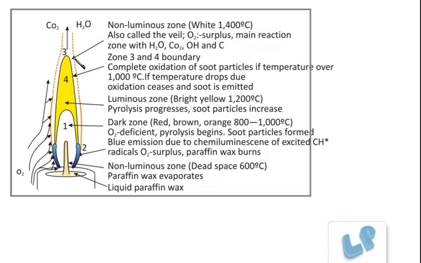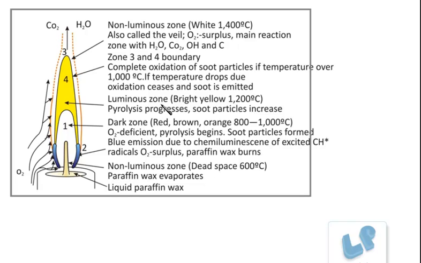The outer white zone is the non-luminous zone. Right? Then this zone: oxygen supply is surplus and main reaction zone with water and carbon dioxide. Zone 3 and 4: complete oxidation of soot particles if temperature is over 1000 degrees centigrade, and if temperature drops, oxidation ceases and soot is emitted.